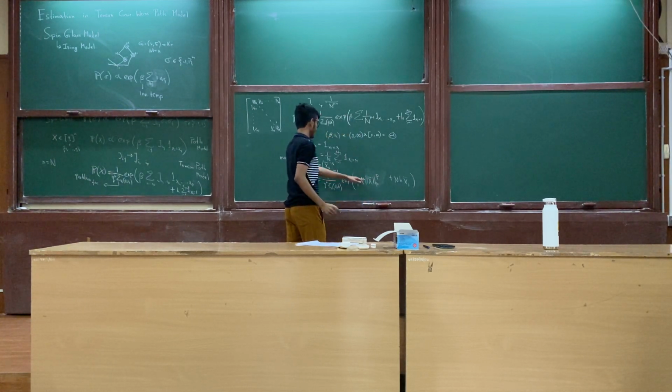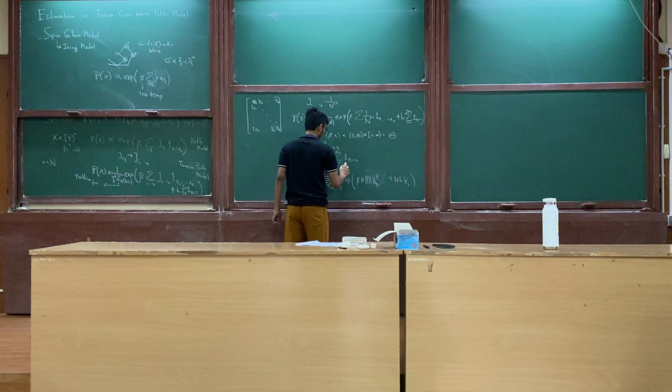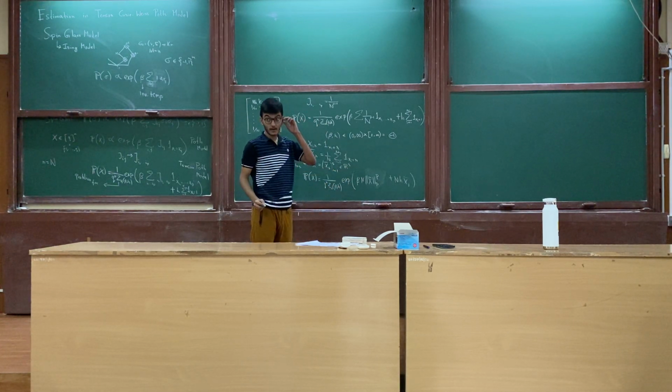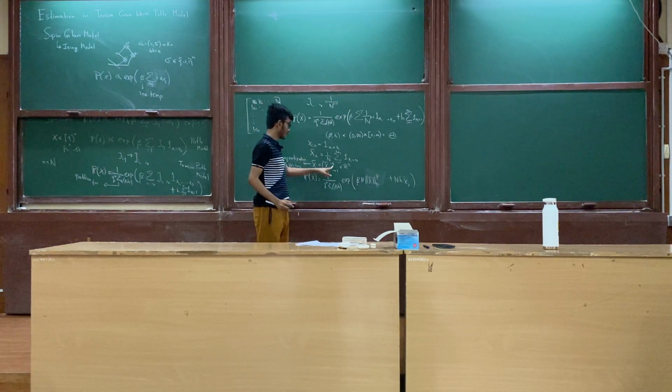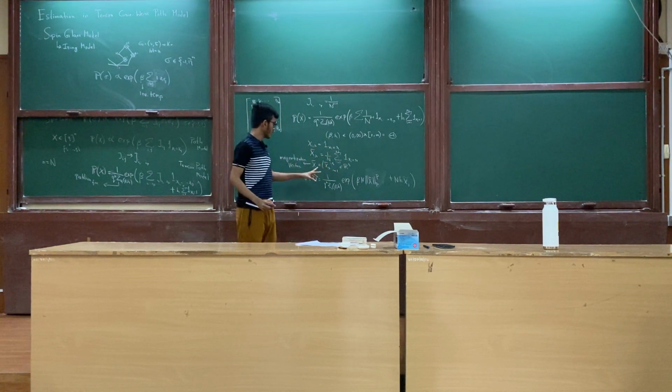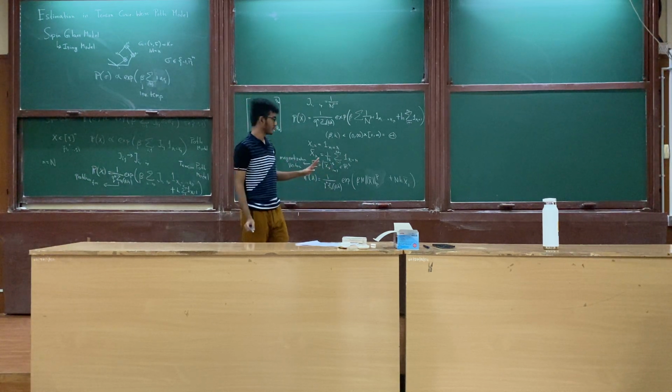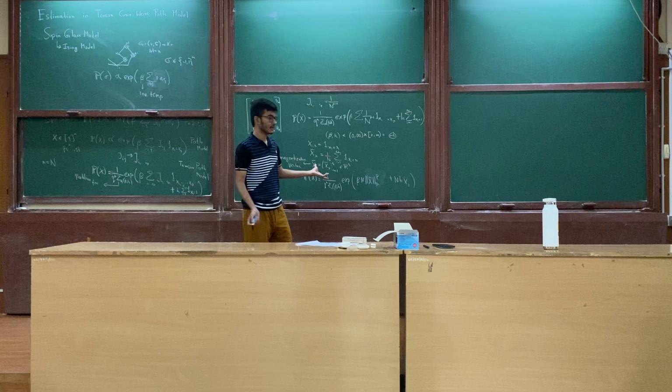And where this x bar belongs to R cube. But note that this x bar cannot take all the values of R cube. First of all, everything has to be non-negative, and second of all, the sum has to be equal to 1. That is also clear.